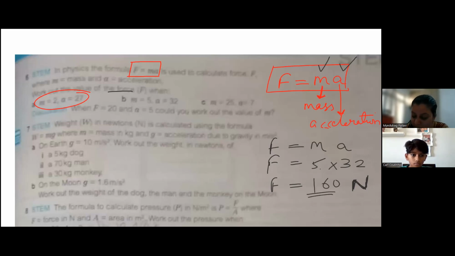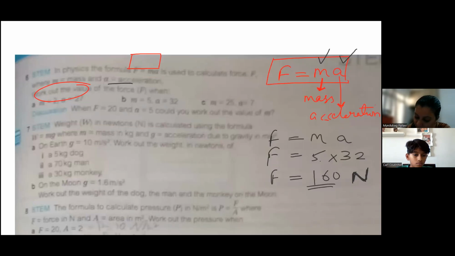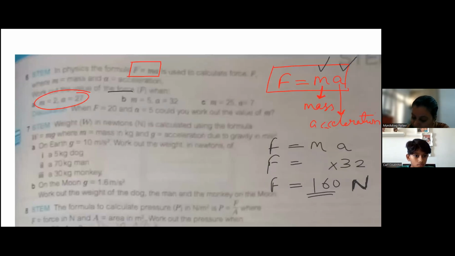Let's find it out for the last part also.